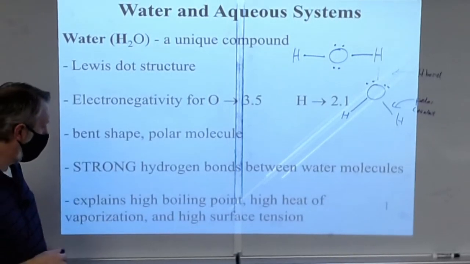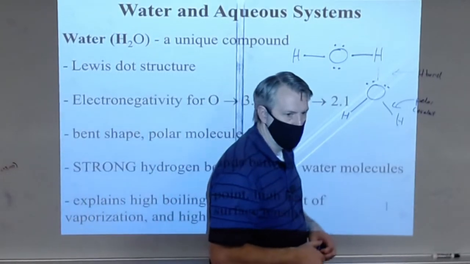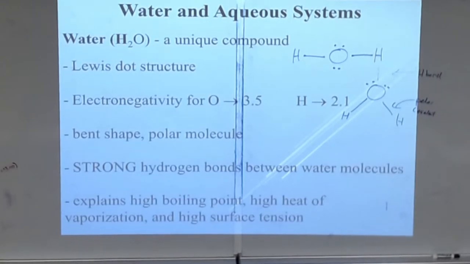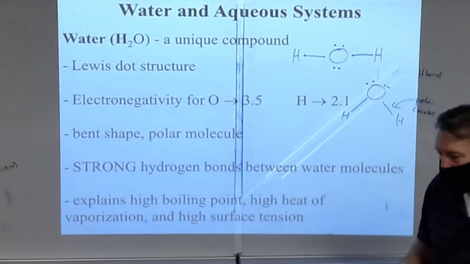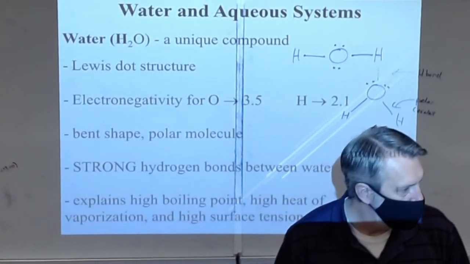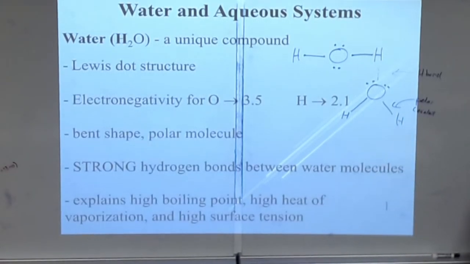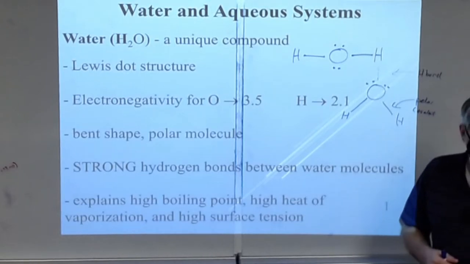This hydrogen bonding is what explains the high boiling point. I mean, for a little bitty baby molecule, right, what's the molar mass of water? 18.016. Yeah, good, 18.016. That's a little bitty molecule. And yet it boils at 100 degrees Celsius. Let's compare that to carbon dioxide.